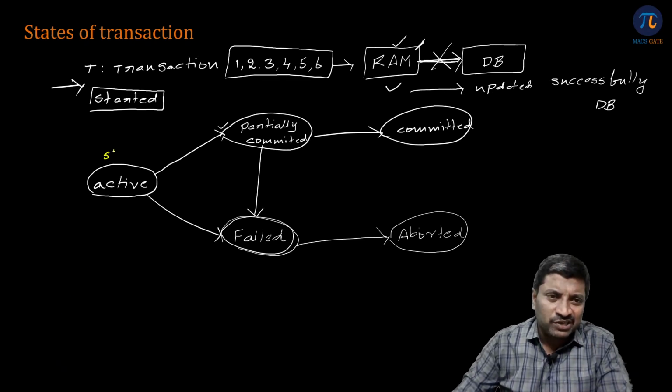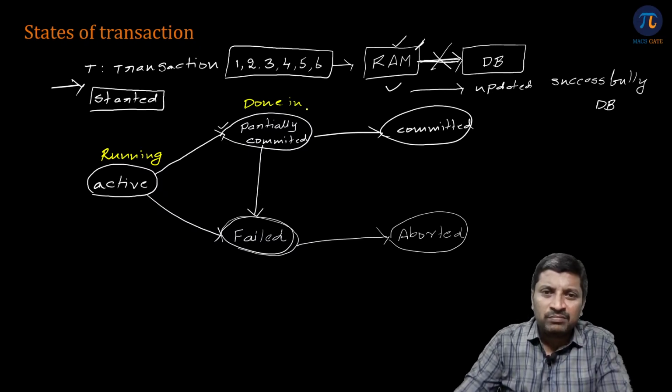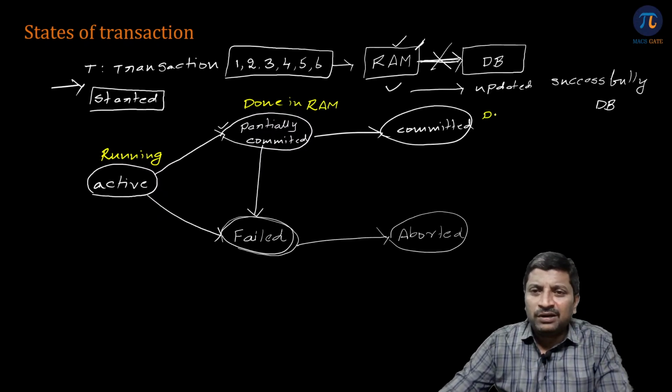It was started, sir. Instead of started, you can simply say running. What is partially committed, sir? Done in RAM. Committed is done in hard disk or stable storage, in the database.